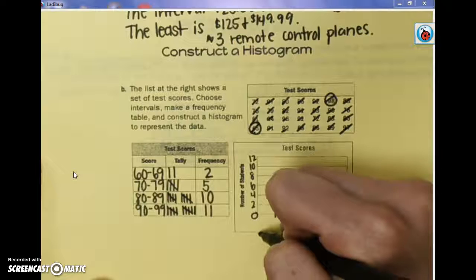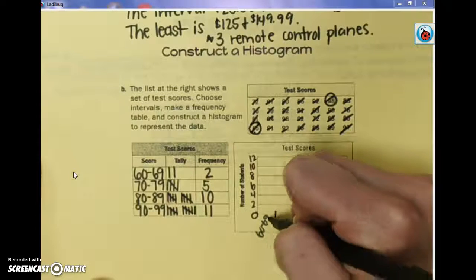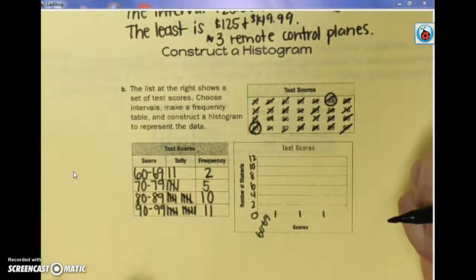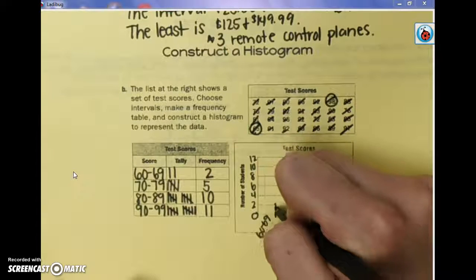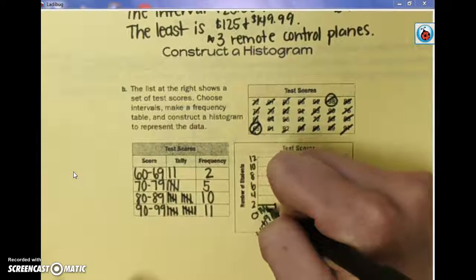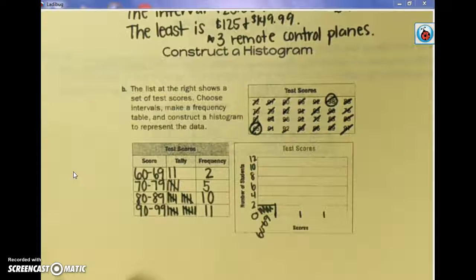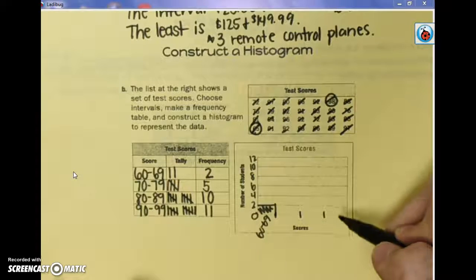So on this first one, we have 60 through 69. How many test scores were between 60 to 69, Dominic? 2, thank you. So we're going to bring that up to 2. Are there spaces between our bars? No? What?